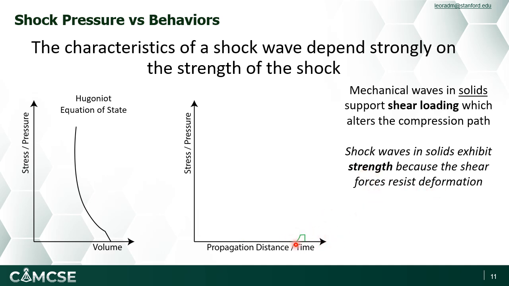So if we start with a very gentle shock, we would end up with something that has the geometry shown here that we've seen in a few previous slides, with an initial jump, a stable region, and then a release following the compression.